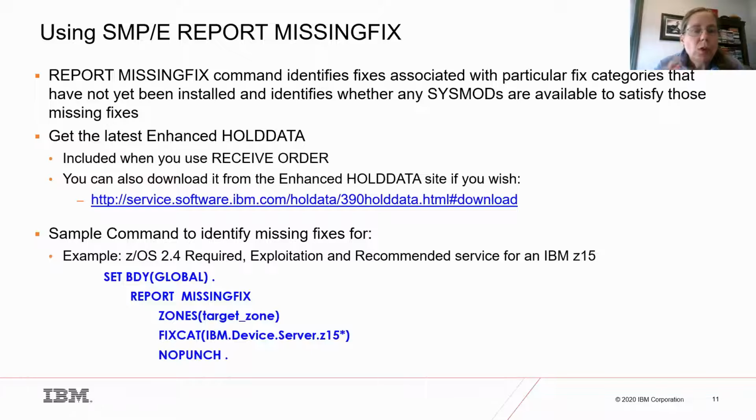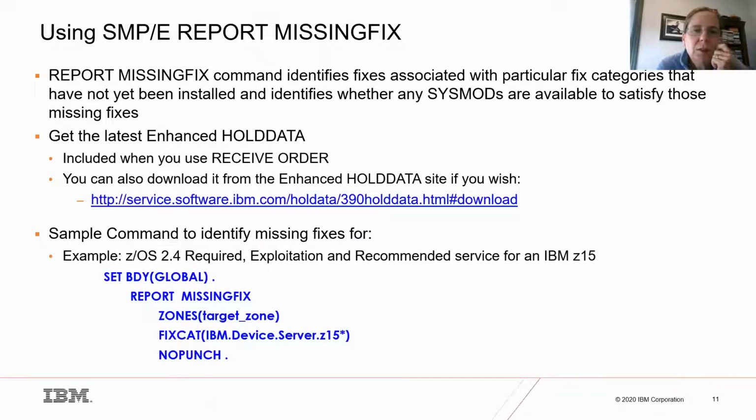Hopefully you're familiar with the way that we run SMP REPORT MISSINGFIX, and given that we do not document individual PTFs anymore in the PSP bucket, this command is incredibly important now. So number one, make sure you have the latest enhanced HOLDDATA, because that will provide the latest fixcat information, of course.